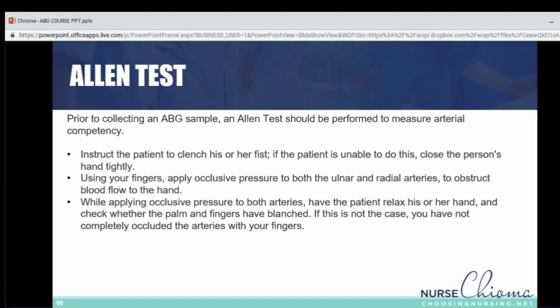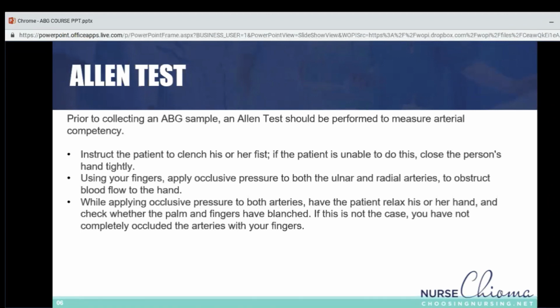If this is not the case, you have not completely occluded the arteries with your fingers. So, like I said, you apply that pressure to both arteries, have them relax the hand, and then check whether the palm and fingers have blanched, whether they change in color.